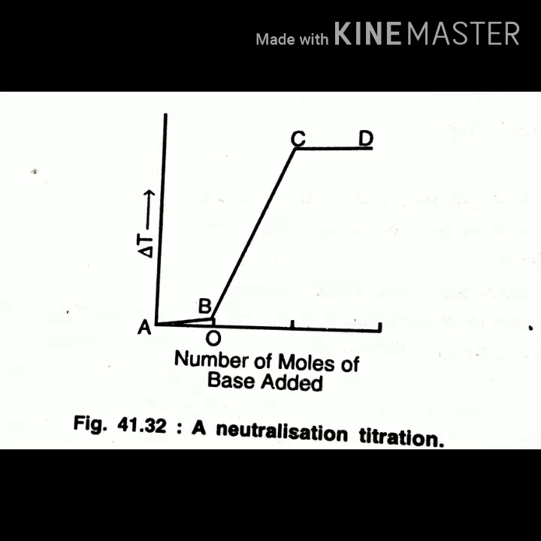First, there is a small increase in temperature from A to B. Then at point C, there is the end point, and the temperature remains constant from C to D. This is the end point, in a strong acid and base neutralization reaction.